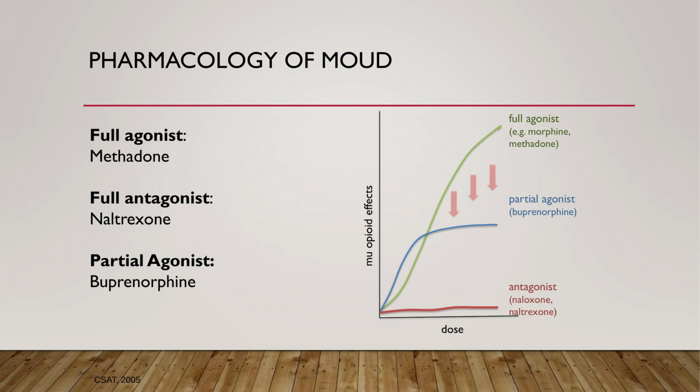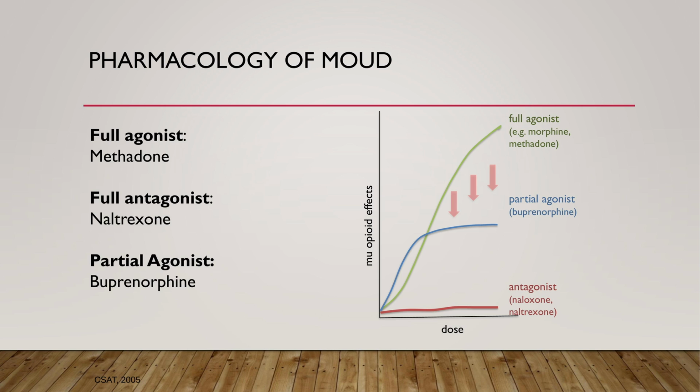Because of this partial agonist effect, it's hard to overdose on buprenorphine. It's also hard to get intoxicated on it, and hard to misuse it and get intoxicated. So that's the main reason why we, as primary care providers, are allowed to prescribe this in our clinics as opposed to methadone.